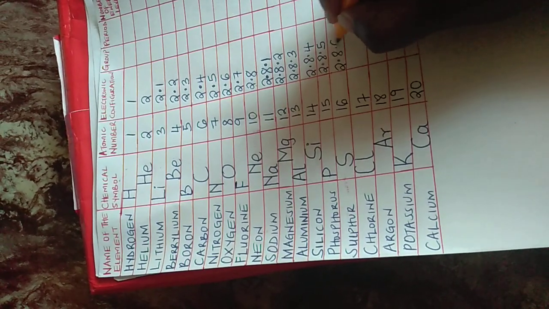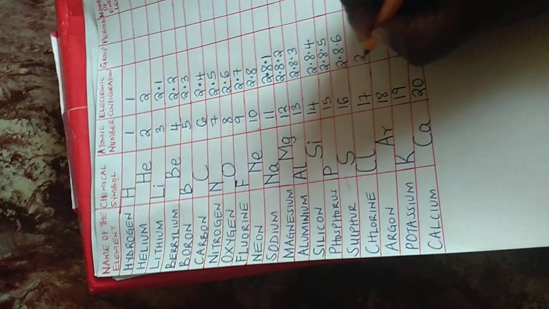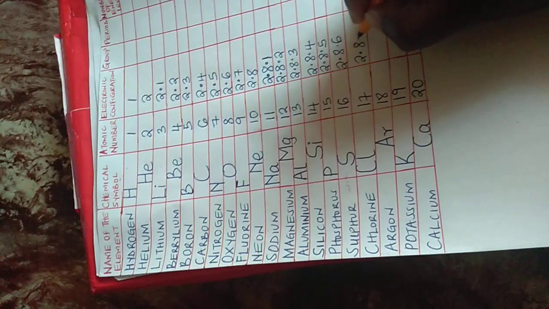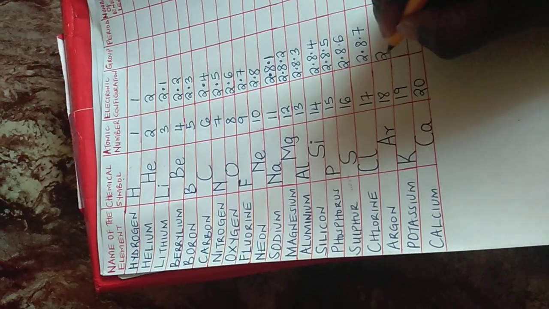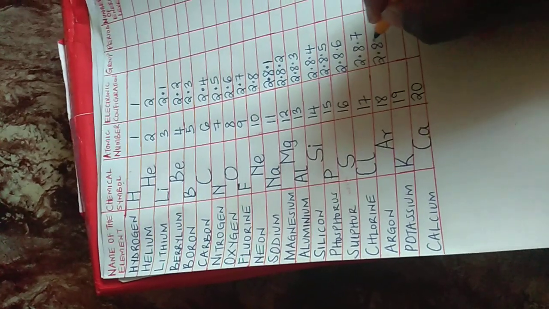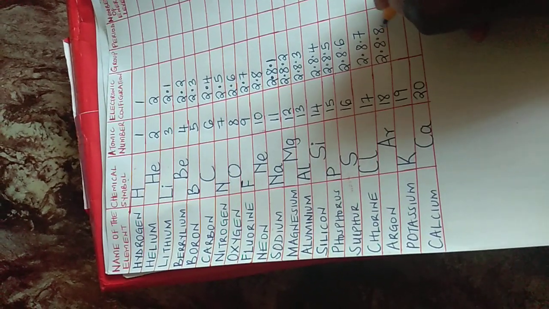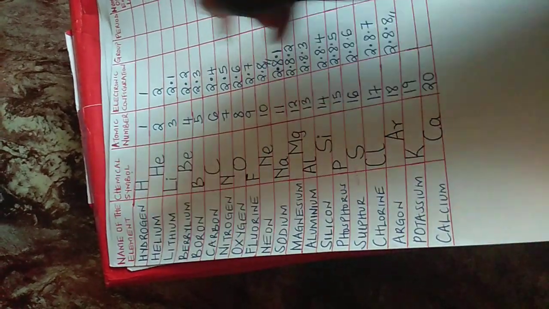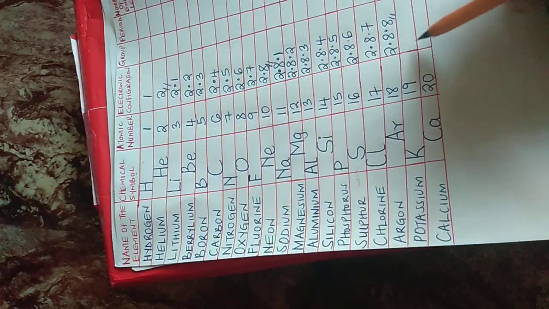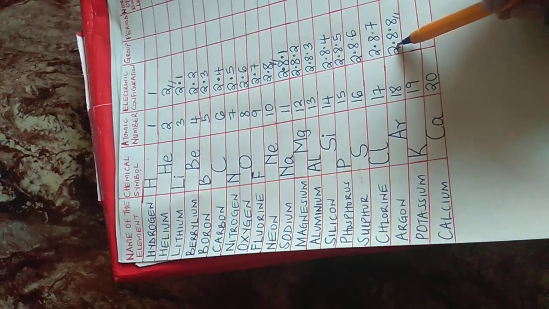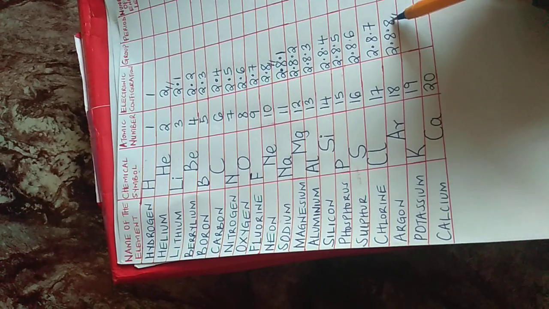I know by now ushajua vile tunafanya. 2, 8, 6, 2, 8, 7, 2, 8, 8. Ikifika hapa pia just like here and just like this one also. Ikifika hapa kwa argon ishafuata even the third rule.